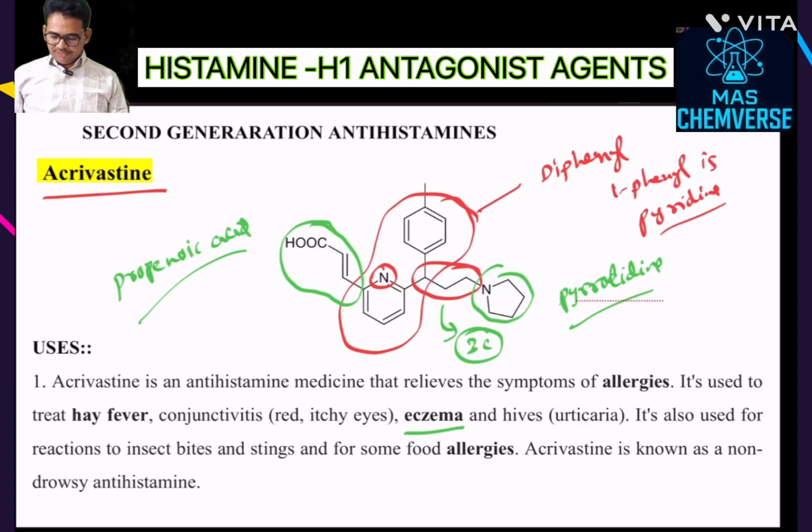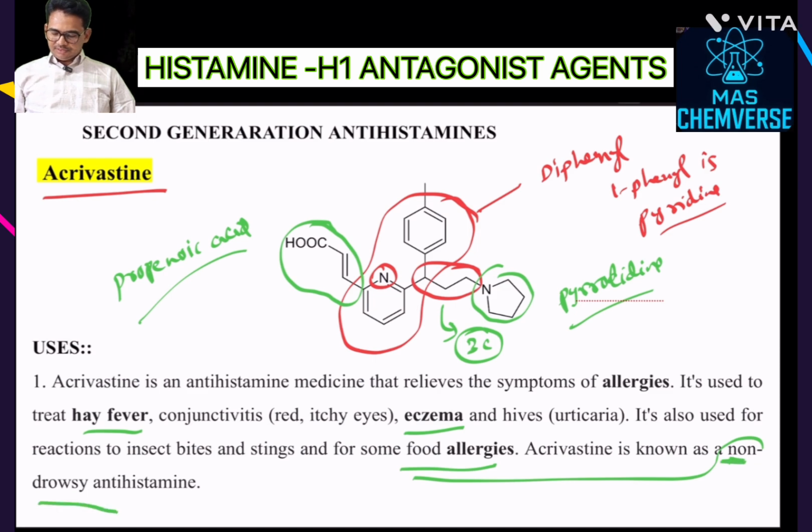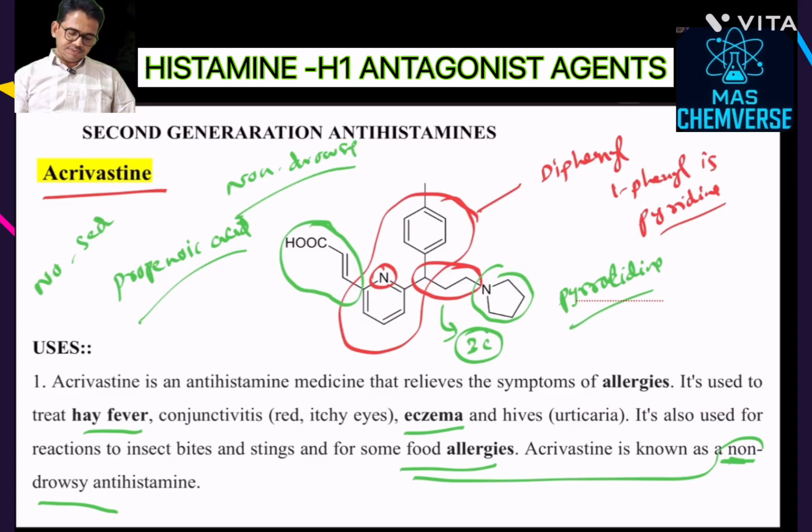It is also useful particularly in conjunctivitis infections, meaning eye infections. It is used along with various allergies which cause hay fever, and it is helpful for food allergies also. But it won't cause any drowsiness, so it is called non-drowsy. Non-drowsy means no sedation.